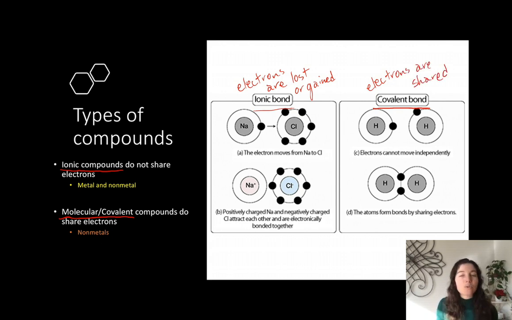You can see that difference here. With an ionic compound like sodium chloride, the electron moves from one atom to the other, and they are not shared. The chlorine has all of the electrons, and the sodium lost that 1 electron. In our molecular compound with covalent bonds, the electrons are shared between the 2 atoms. That's the difference.